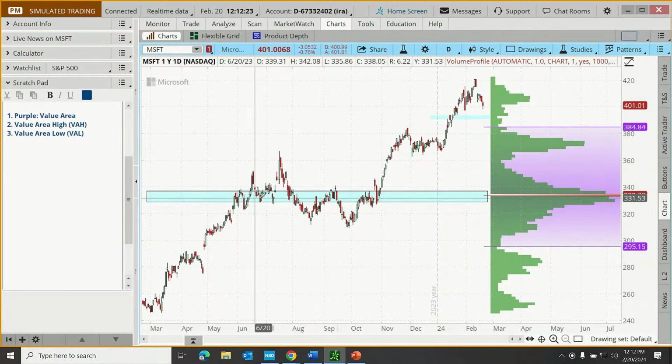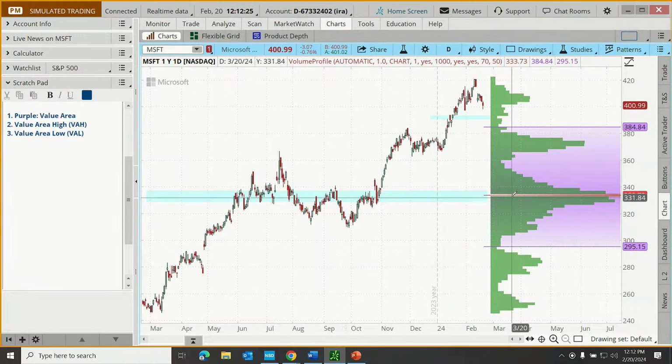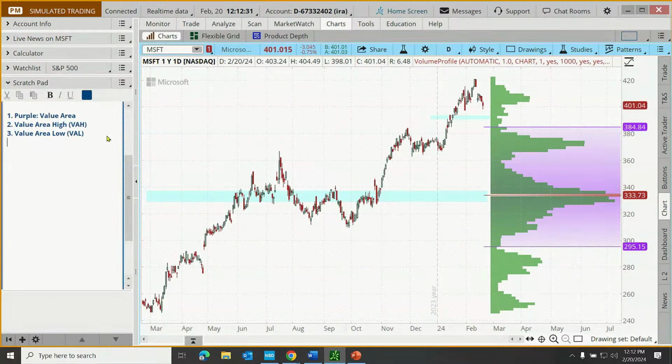Whereas here, we had dozens and dozens of days of trading falling within this range. So we have high volume nodes. This is another thing that a trader might want to make note of. We have high volume nodes. And we have low volume nodes.